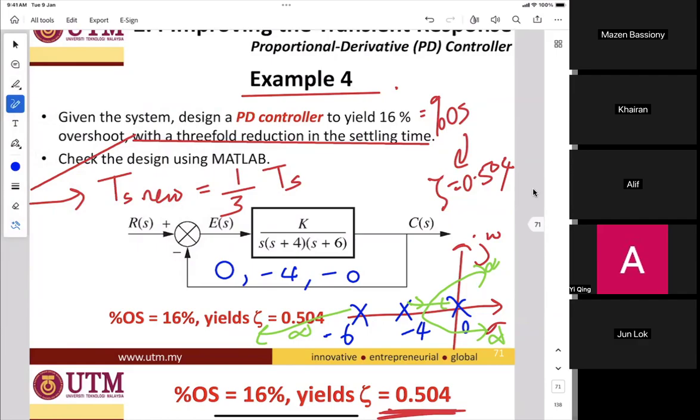Alif. What is the system order in this case? Third order, doctor. One more question. What is the system type?